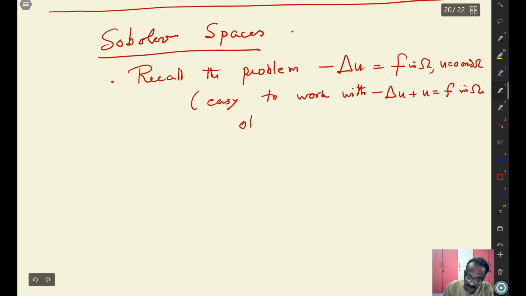Otherwise, what we require is the Poincare inequality mentioned earlier.